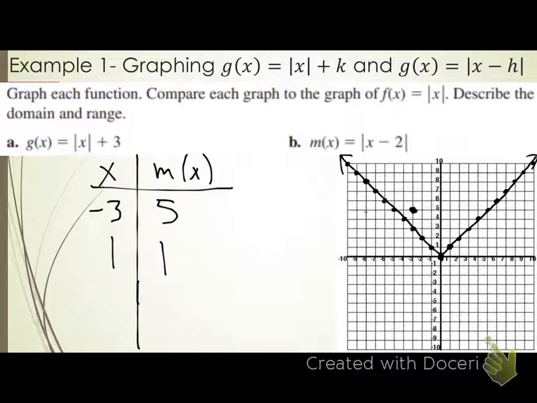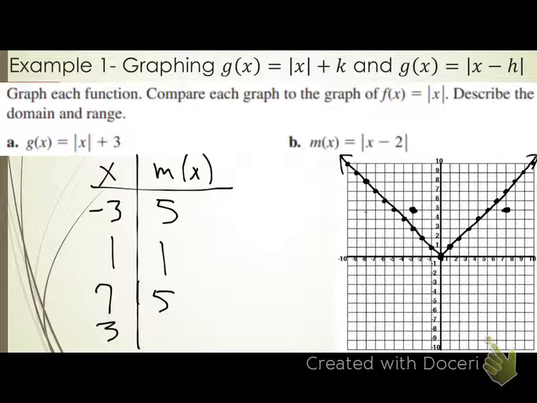7. You really like the number 7 today. For some reason. What's 7 minus 2? Absolute value of 5? 5. So write 7 up 1, 2, 3, 4, 5. Someone give me another value. 3.